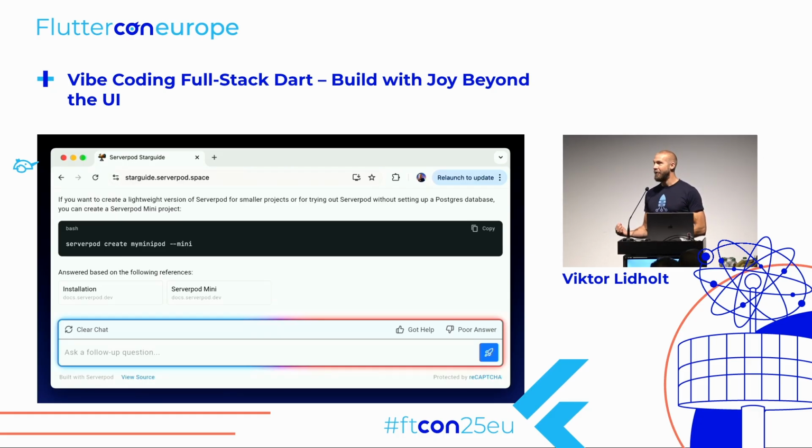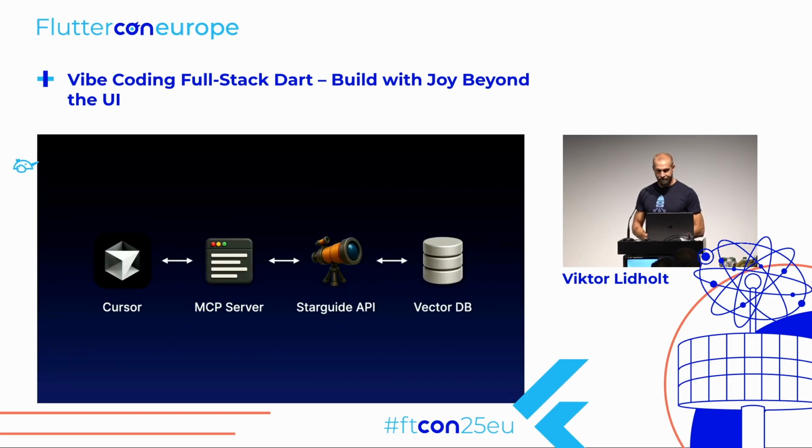And this is what we used when we built our MCP server for Serverpod. So basically, it works like this. You're coding in Cursor or any other agent, and it may get stuck somewhere. Then it can ask the MCP server, like, hey, how do I do this authentication thing?